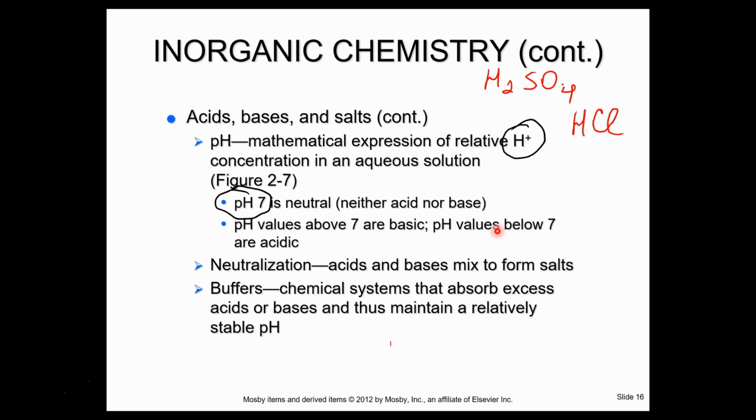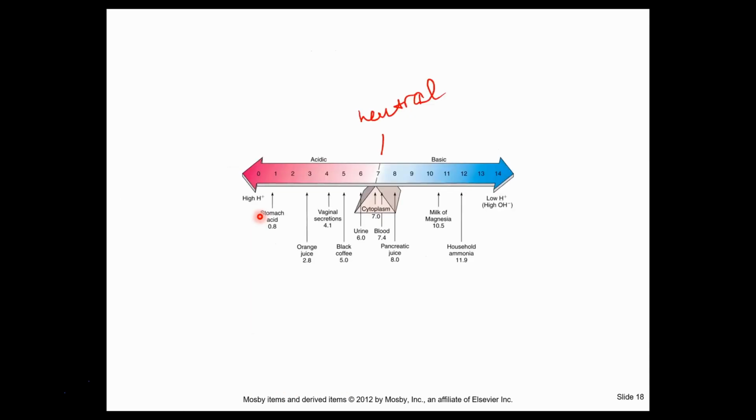Okay, so pH is the way that the concentration of the hydrogen ions is calculated or evaluated. When the pH is 7, it's a neutral solution. It's neither acid nor base. So if we look here, you see that the 7 is in the middle from 0 to 14, and that defines the neutrality of the solution.